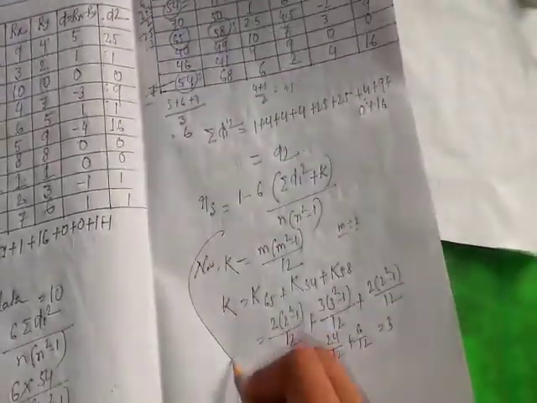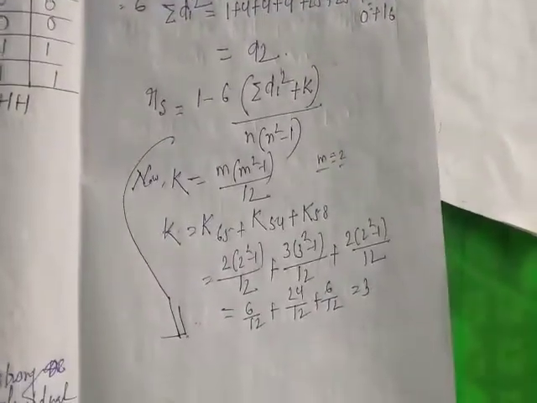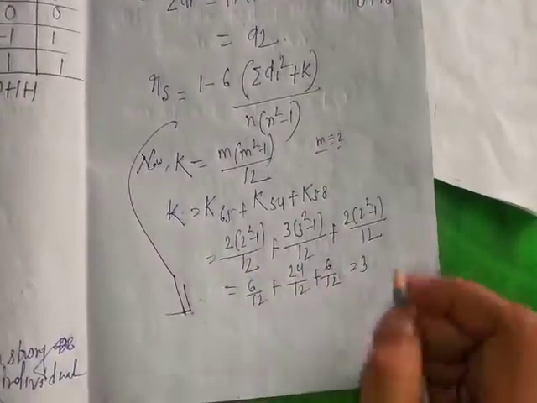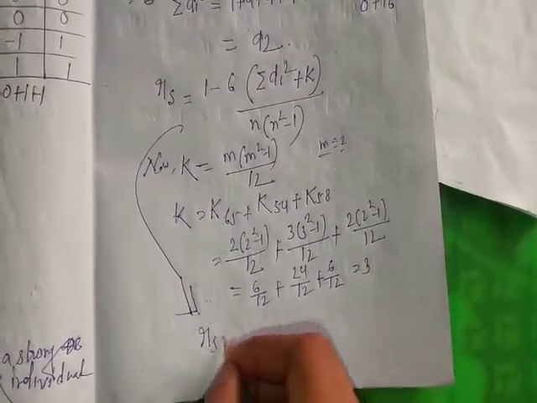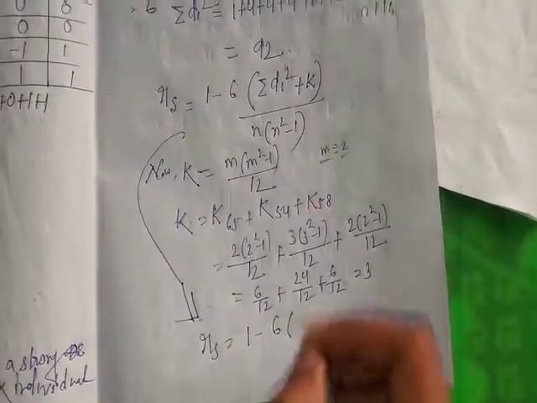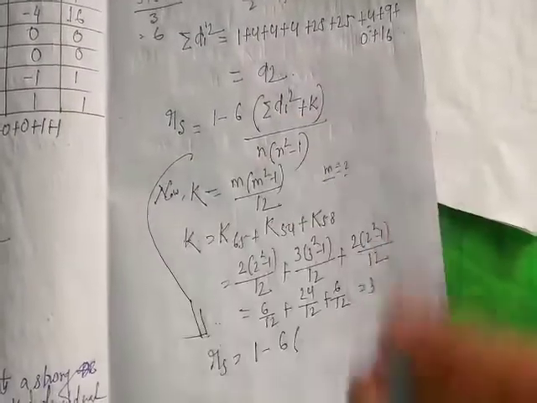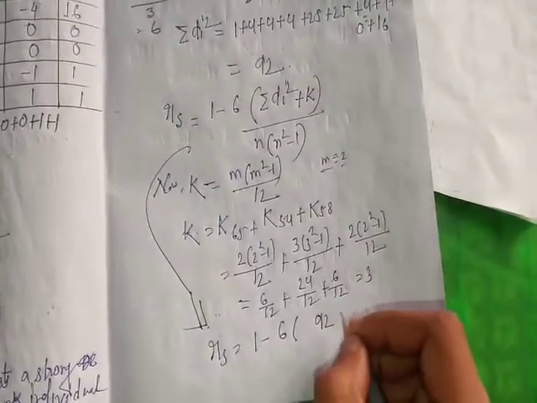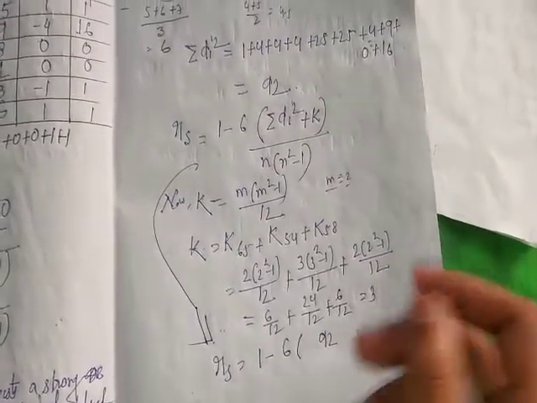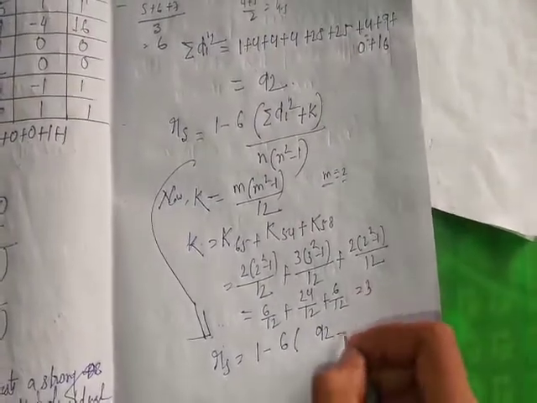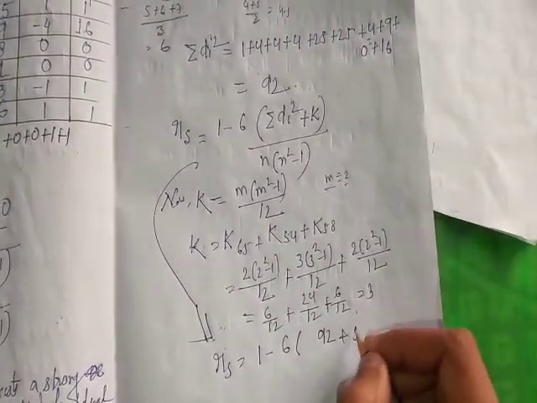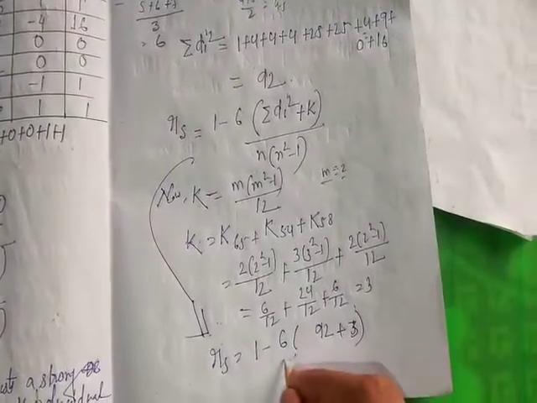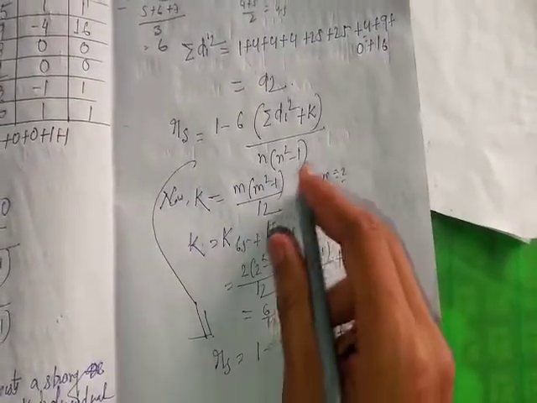So hence, the value of k is 3. So the rank correlation coefficient is Rs equal to 1 minus 6 into (di square, which is 92, plus k, which is 3) by n into (n square minus 1).